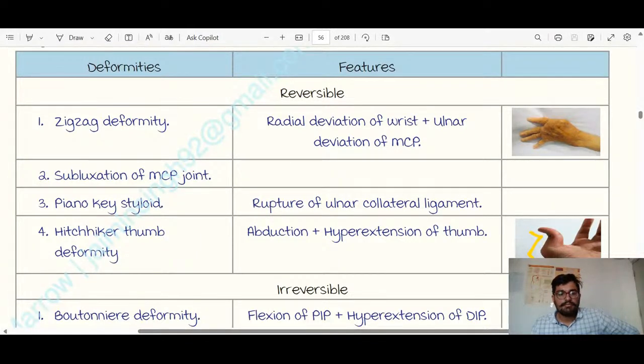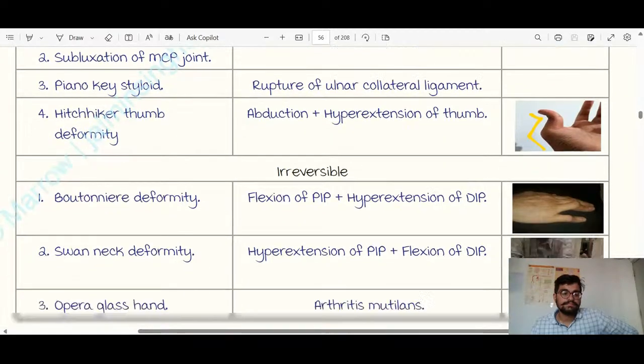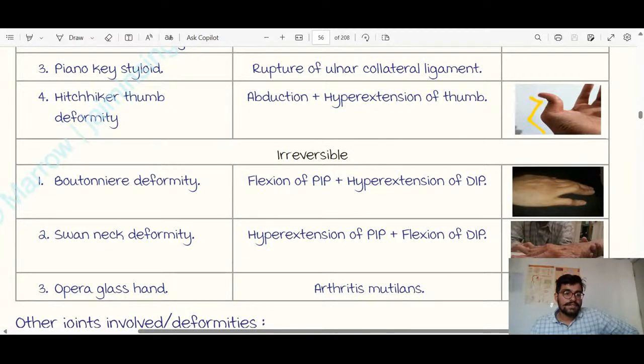One is the piano key sign of the ulnar styloid, from rupture of the ulnar collateral ligament. Another is the Hitchhiker's thumb deformity: here the thumb shape will be like a hitchhiker, abduction plus hyperextension of the thumb. You can see the angle; the thumb is usually straight, 90.